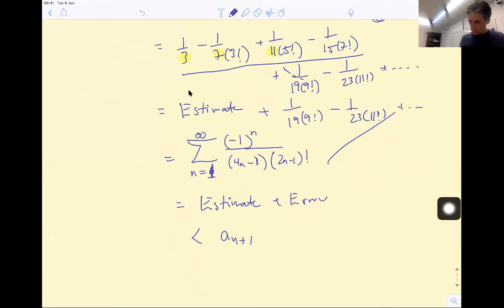Well, if we only went up to this term here, the error would be less than this amount right there. So that would be 1 over 19 times 9 factorial.